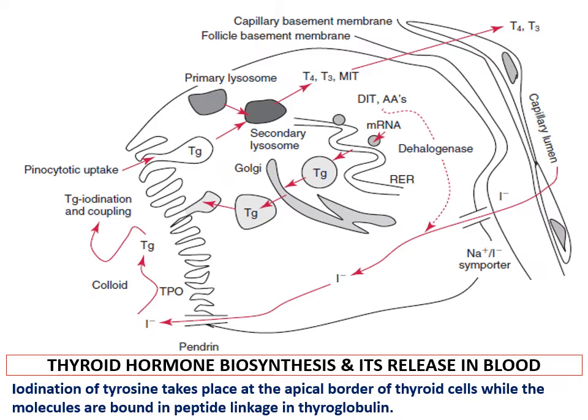In the normal human thyroid, the average distribution of iodinated compounds is 3% monoiodotyrosine, 33% diiodotyrosine, 35% tetraiodothyronine or T4 and 7% triiodothyronine, that is T3.